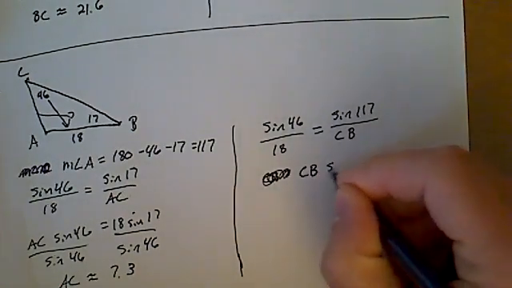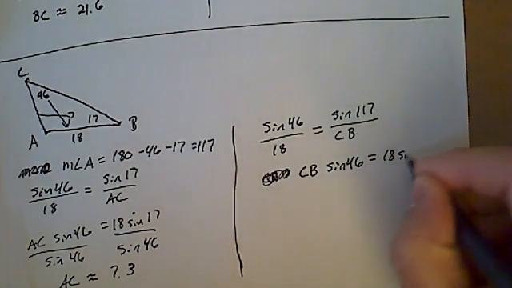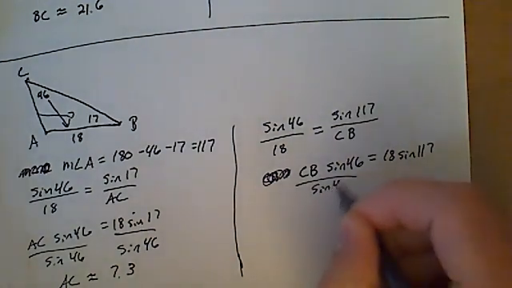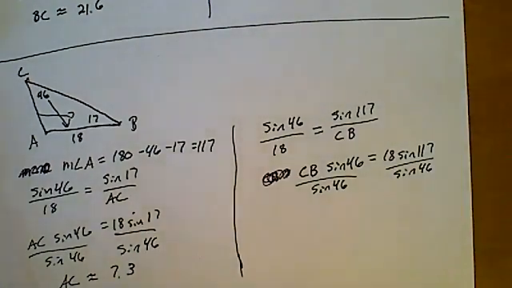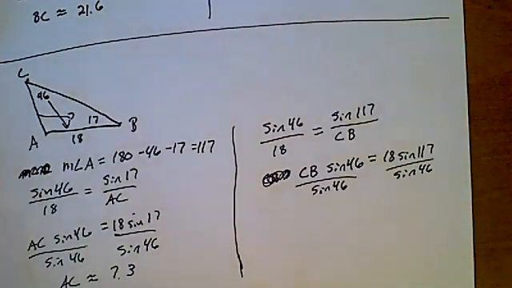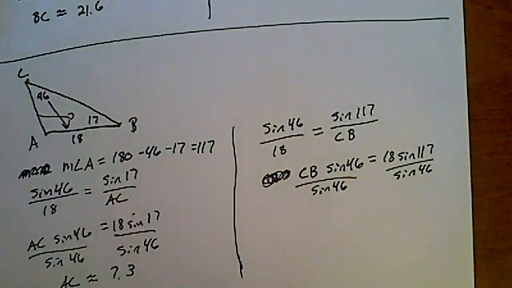CB times the sine of 46 is 18 sine 117. Sine 46. Again, 18 sine 117.